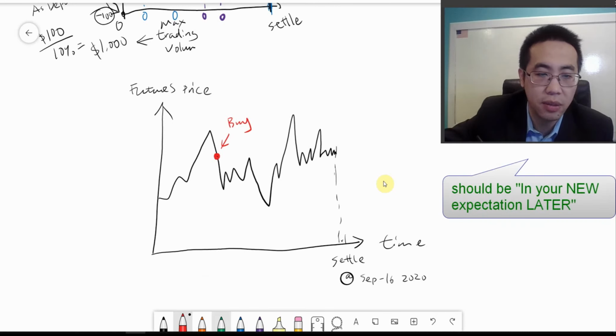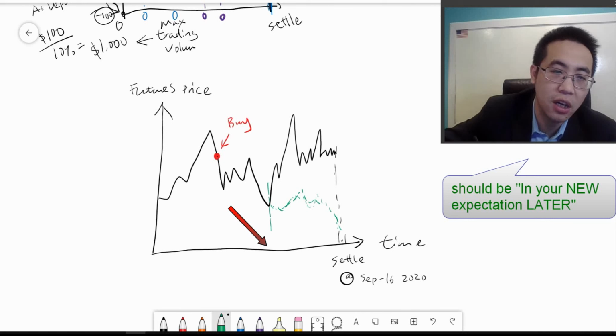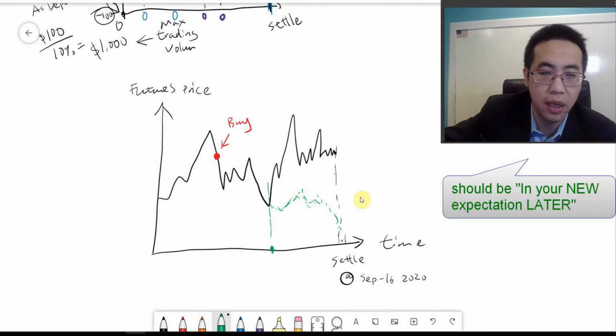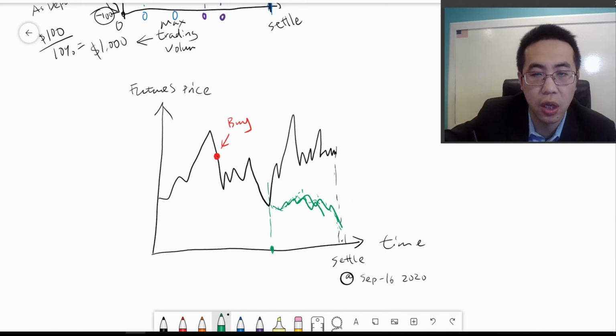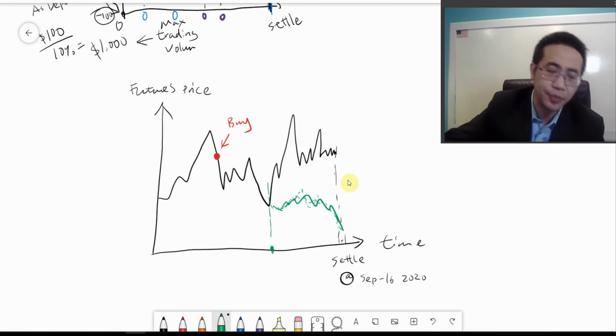And in your expectation, you think it's going to be like this. Right here you don't see what the future is going to actually be. You just base it on your expectation that the rate will be even worse. You don't see this part, and this is what you think the exchange rate would be.